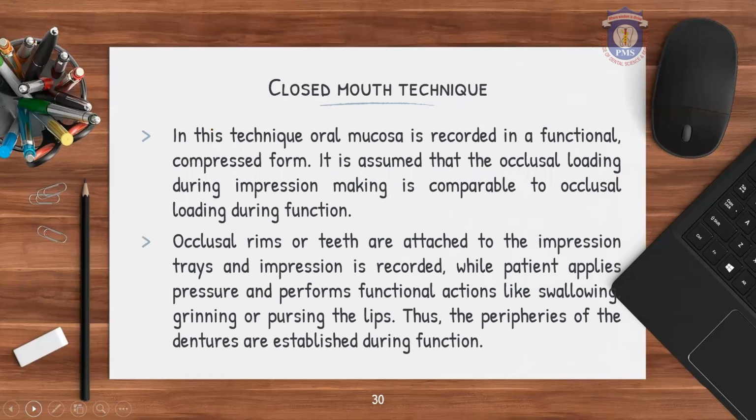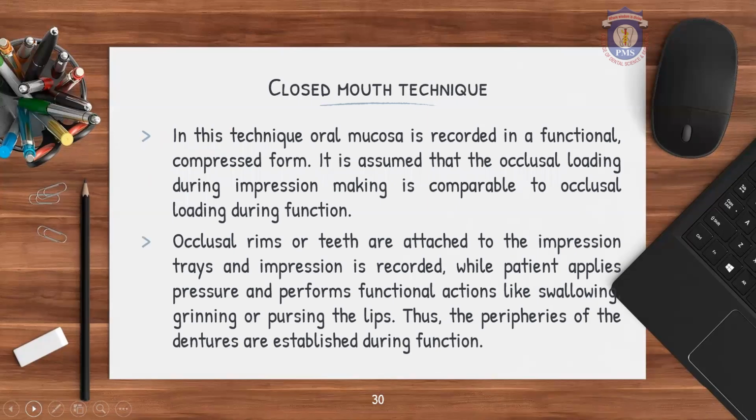Now about the closed mouth technique. In this technique, the oral mucosa is recorded in a functional compressed form. It is assumed that the occlusal loading due to the impression making is comparable to the occlusal loading during function. So this is a functional technique. Occlusal rim or teeth are attached to the impression trays.